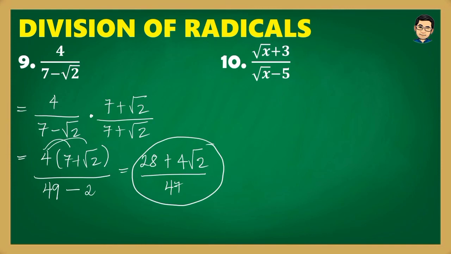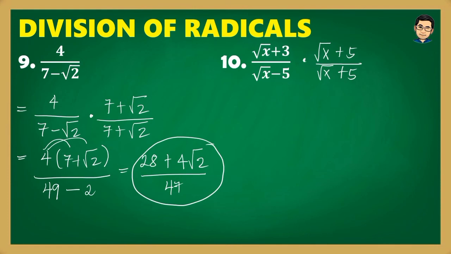Next, the square root of x plus 3 over the square root of x minus 5. So, dito, i-multiply natin is square root of x plus 5 over the square root of x plus 5. So, tandaan lang po natin. So, kung yung sign dito sa denominator is minus, i-multiply natin yung same term, kaya lang baligtarin natin yung sign.